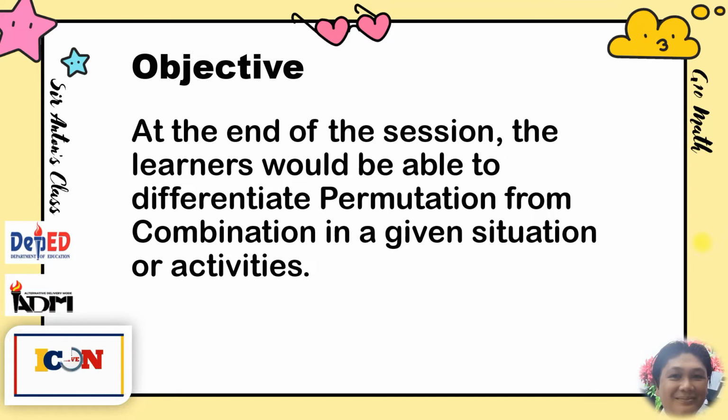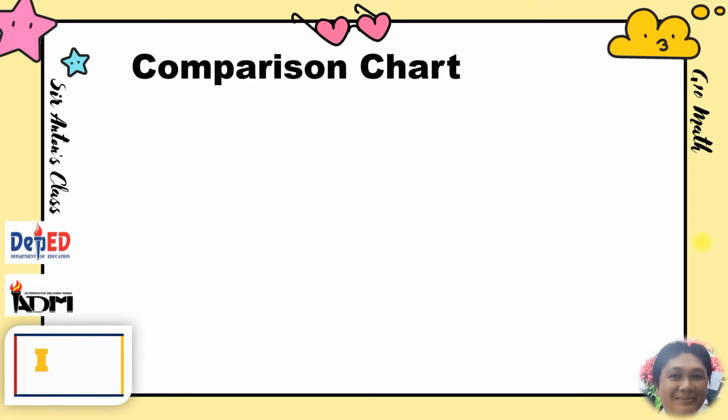At the end of this session, the learners would be able to differentiate permutation from combination in a given situation or activities. Now let us differentiate permutation from combination. Let us use this comparison chart.